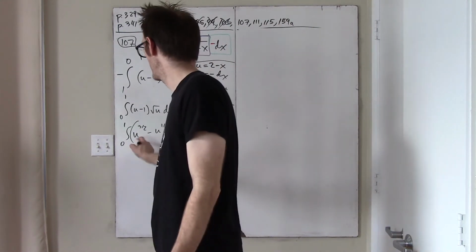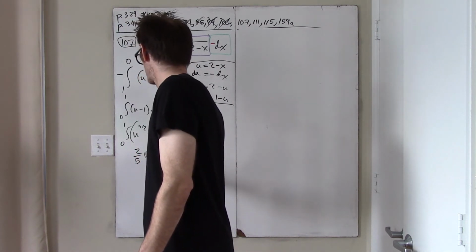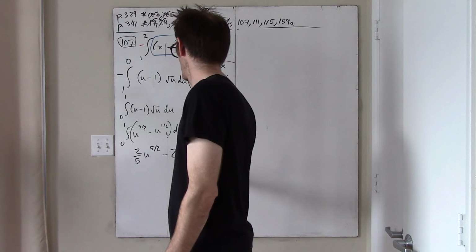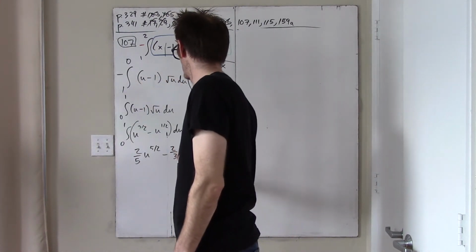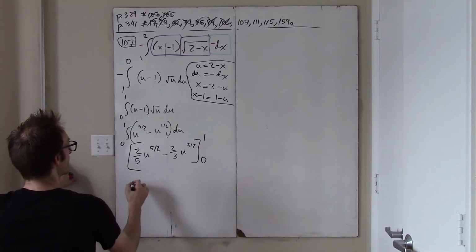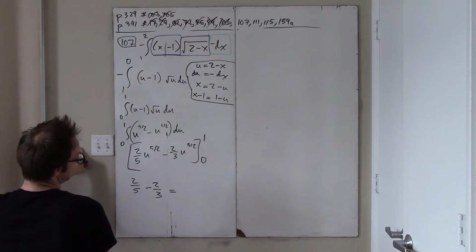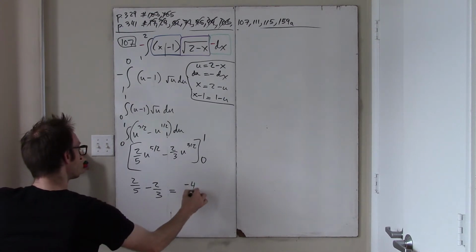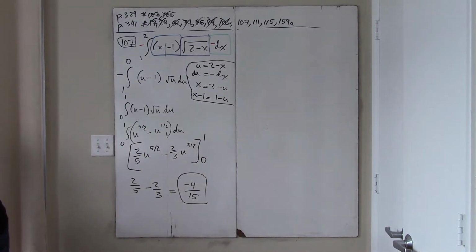We go up a power to 5/2, so 2/5 u to the 5/2, minus, up to 3/2, so 2/3 u to the 3/2, evaluated at 1 and 0. At 0 it will die, but at 1 it's 2/5 minus 2/3, so that's negative 4/15, I guess, is the answer to this problem.